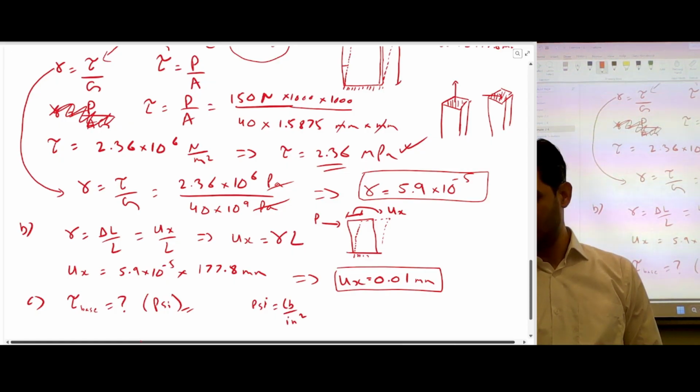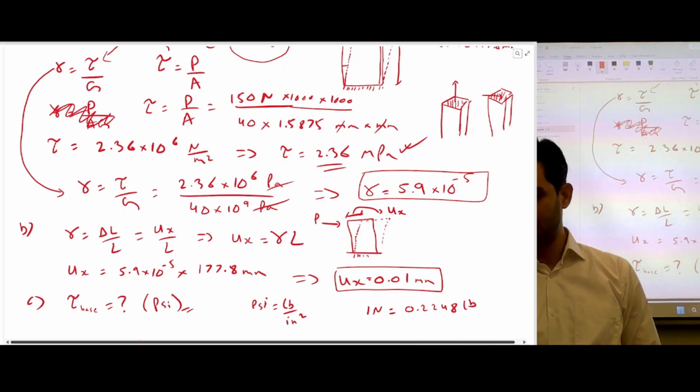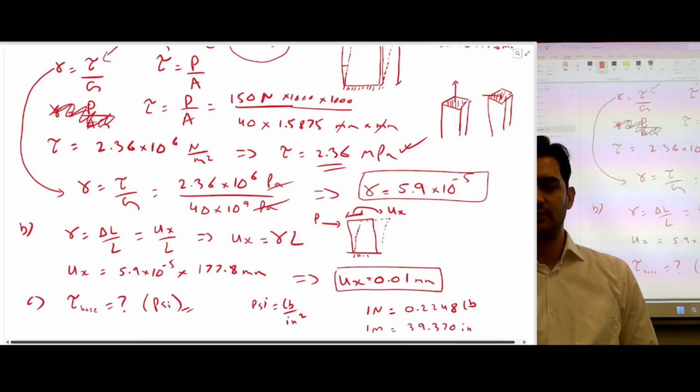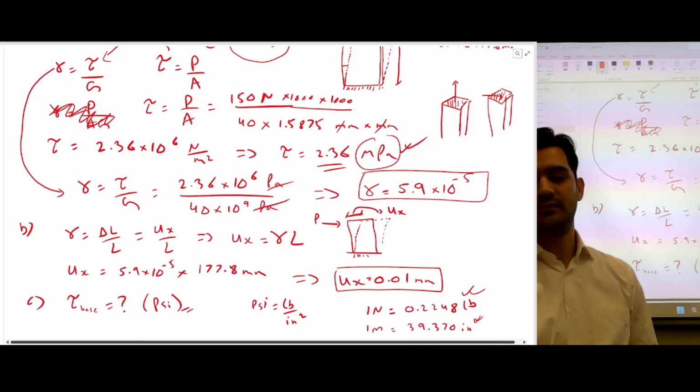So I'm going to give you the conversion factors. 1 Newton is 0.2248 pounds, and 1 meter is equal to 39.370 inch. So using these two conversion factors, you can convert the stress, which is in megapascal, to PSI.